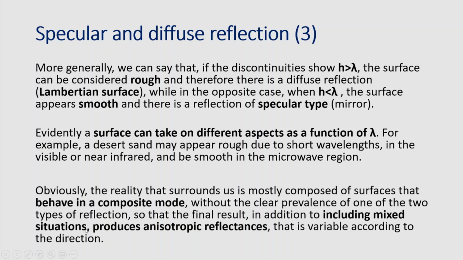Obviously, the reality that surrounds us is mostly composed of surfaces that behave in a composite mode, without the clear prevalence of one of the two types of reflection, so that the final results, in addition to including mixed situations, produce anisotropic reflectances, that is, variable according to the direction.